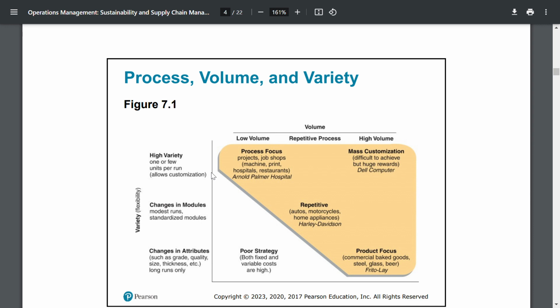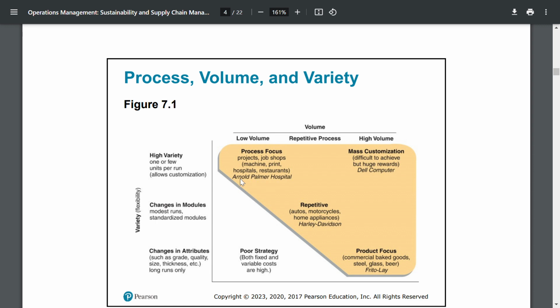And the volume is low. So this could be more suitable for brands, because they are low volume and they have high variety. Some brands have very high variety, and that's one example where I mentioned cars. I could say also in hospitals.